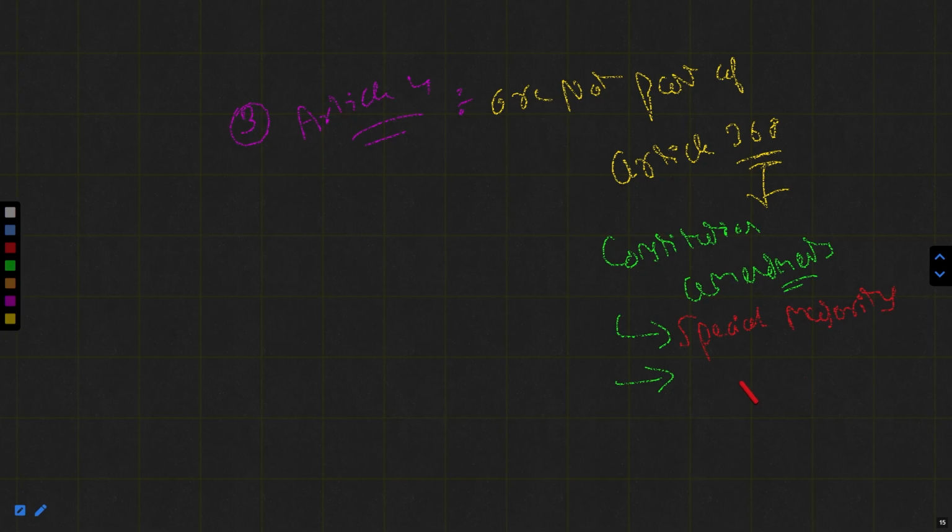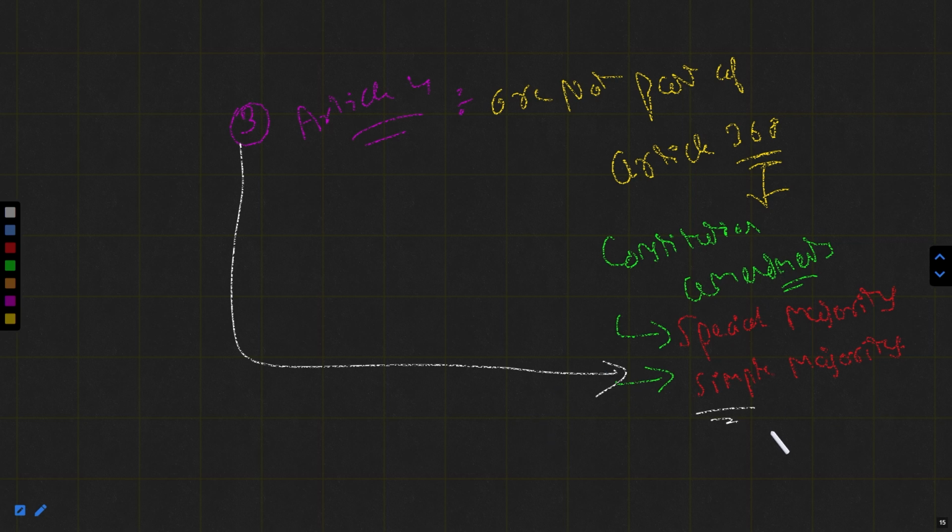So Article 4 says that Articles 2 and 3 could be implemented by a simple majority.